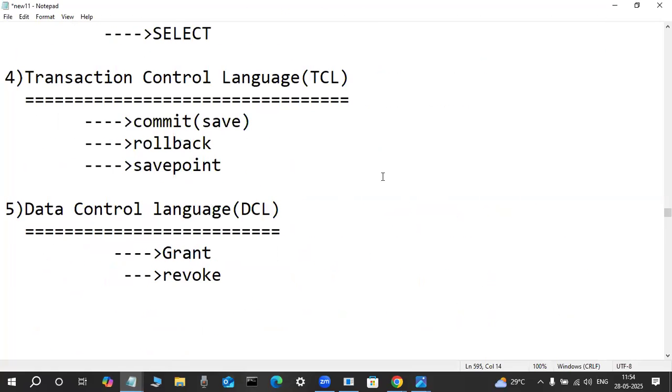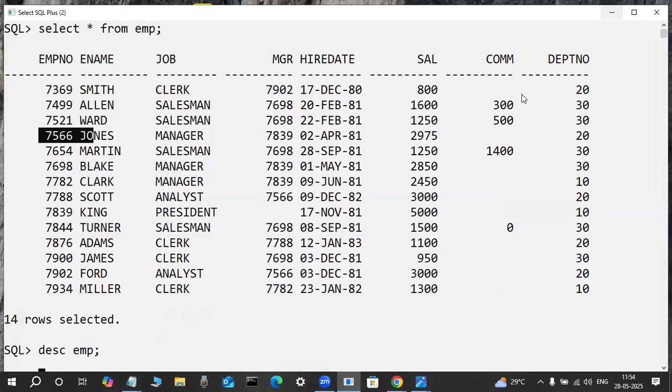Then only will I show you the practical, all these commands. That is tomorrow. I will tell you all those data types tomorrow, then practically we will start. Everyone should install Oracle software. If anybody has still not installed it, please try to install.